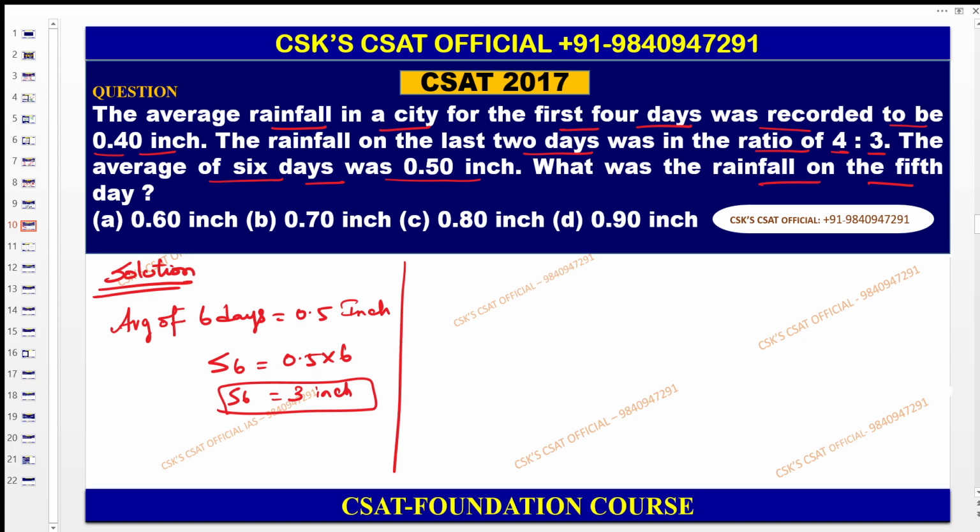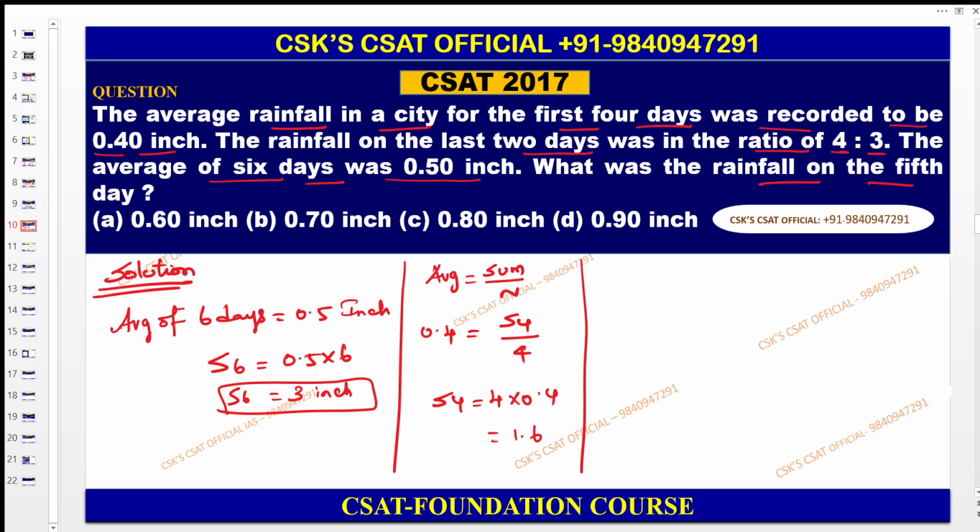Then read the average rainfall of the city for the first 4 days. Same concept we are using: average is equal to sum by n. For 4 days we need to find S4 by 4. The average here is recorded as 0.4. So what is S4? 4 into 0.4, which is equal to 1.6.